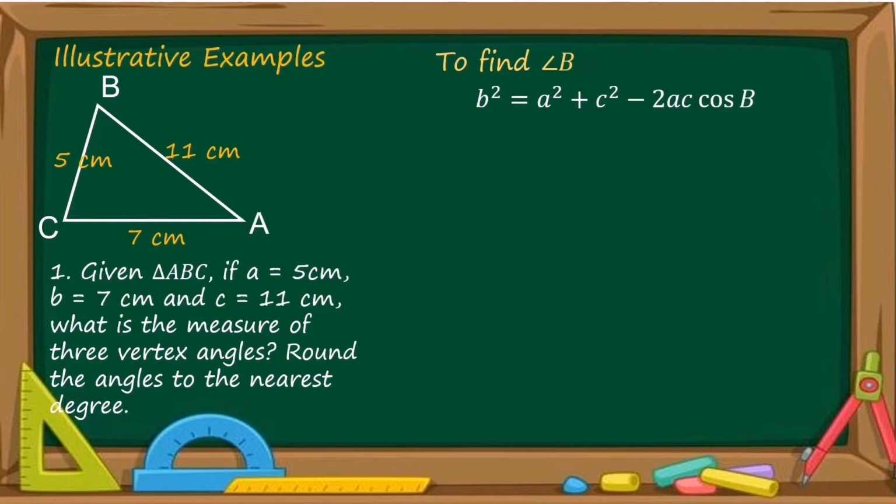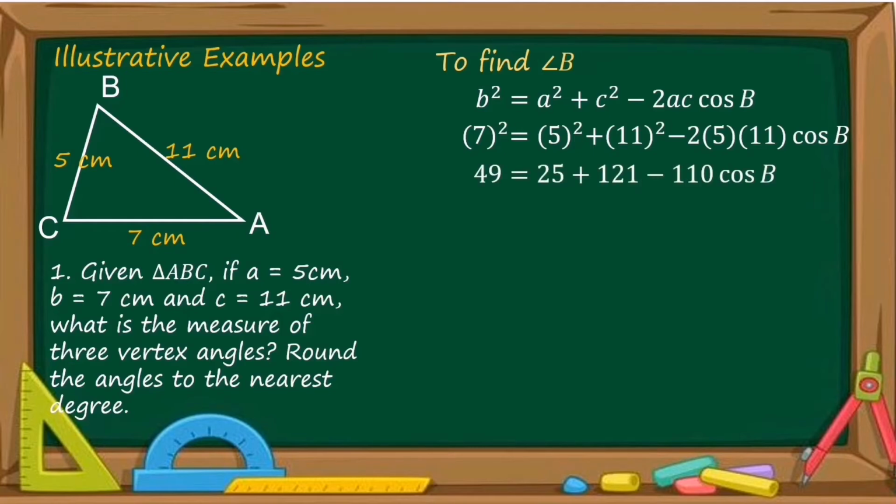So our equation now will become 7 squared is equal to 5 squared plus 11 squared minus 2 times 5 times 11 cosine B. 7 squared is equal to 49. 5 squared is equal to 25. 11 squared is equal to 121. The product of 2, 5, and 11 is equal to 110.